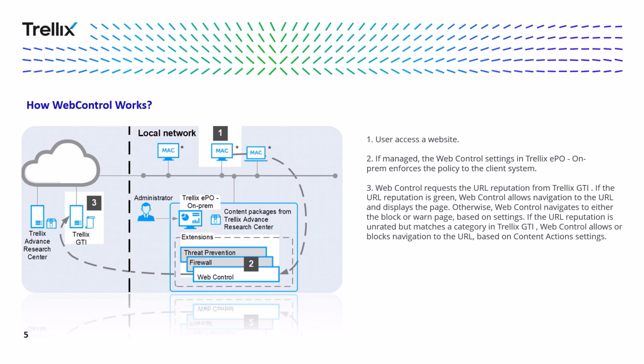If the URL reputation is green, Web Control allows navigation to the URL and displays the page. Otherwise, Web Control navigates to either the block or warn page based on the settings. If the URL reputation is unrated but matches a category in Trellix GTI, Web Control allows or blocks navigation to the URL based on content action settings.